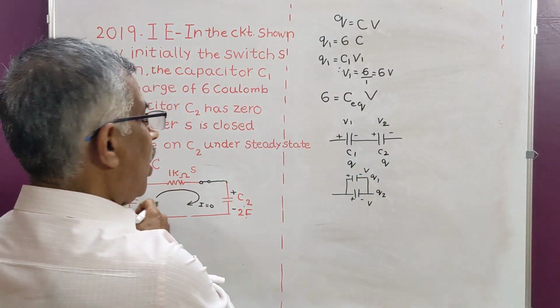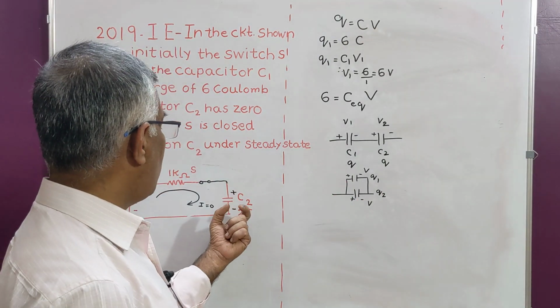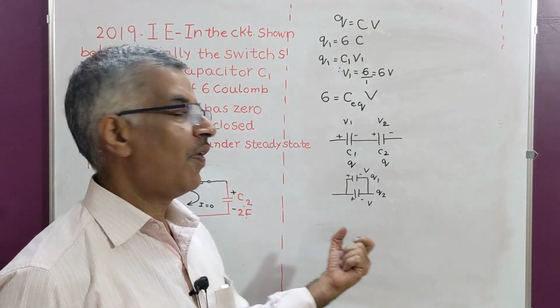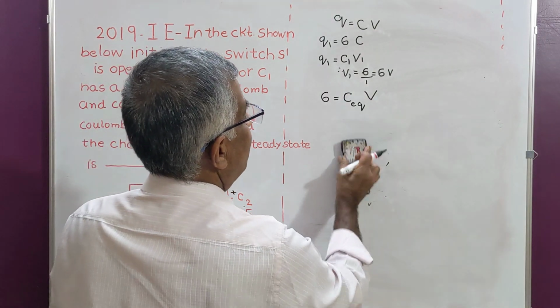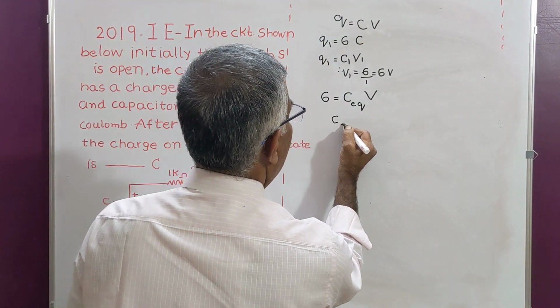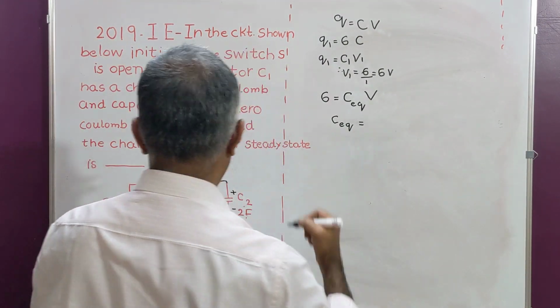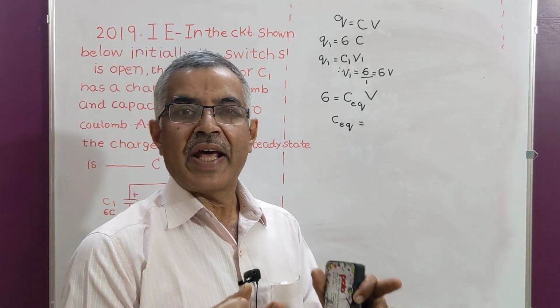So 6 coulomb is going to be distributed. Later we shall see at the end how much C2 is going to acquire finally. Now I will find the equivalent capacitance. When capacitors are connected in parallel, they can be directly added.